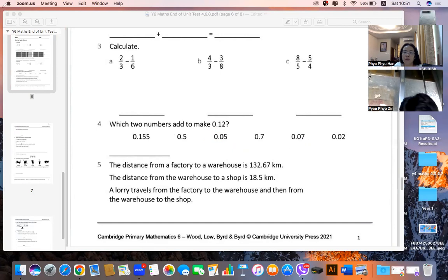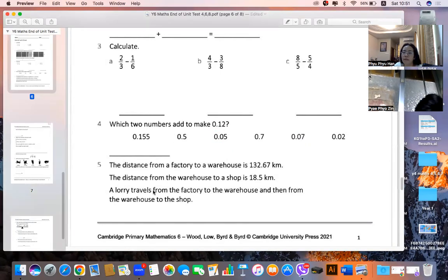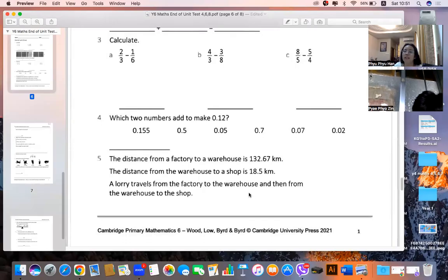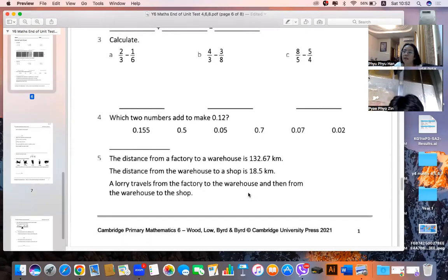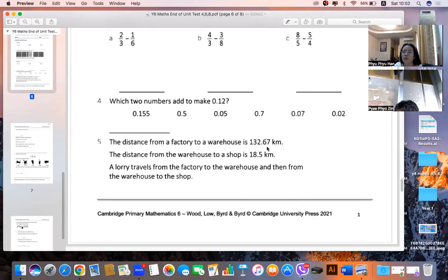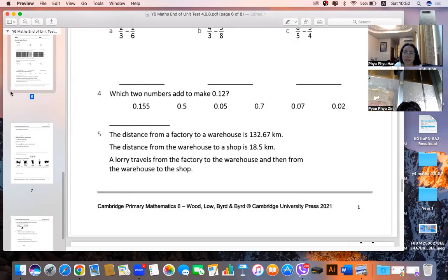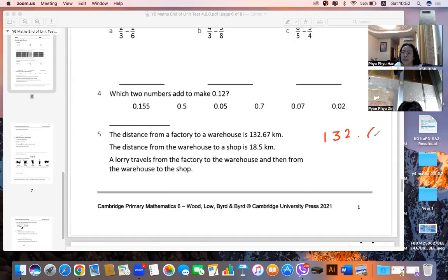Number 5 is simple decimal addition. You add these two numbers, for example 132.67 and 18.5. You need to make sure you put the 5 here. You cannot write 18.5 like this, so take note.